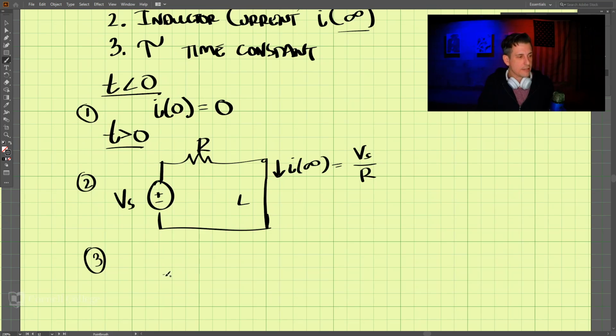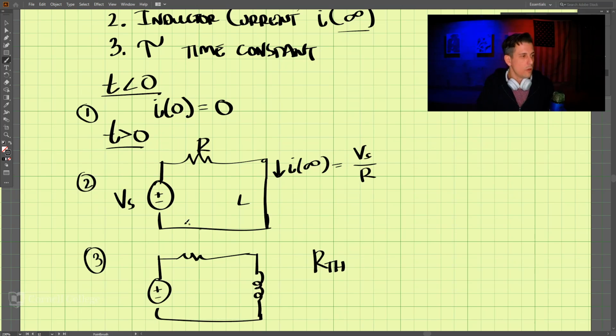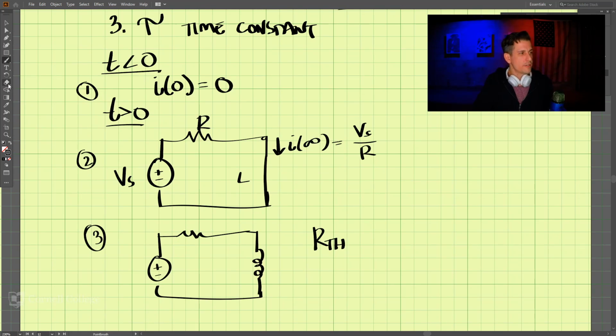And to find the time constant, we need to find R Thevenin. To find R Thevenin, we first open up these terminals. So this is our A and B terminals.